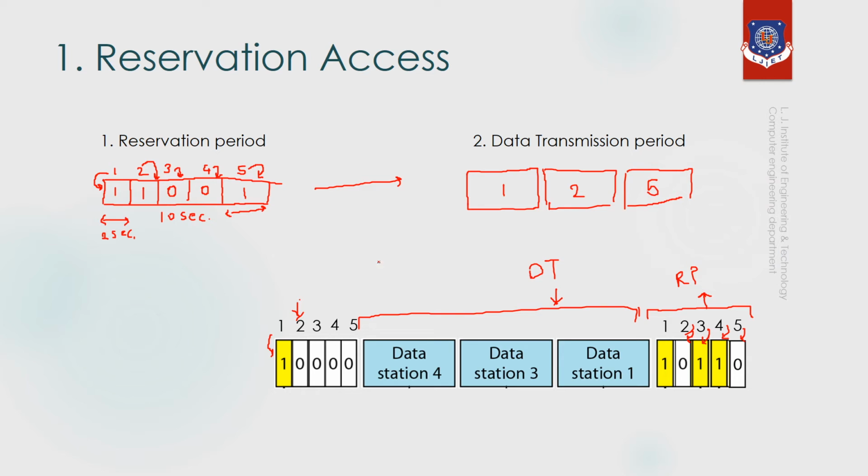So after this reservation period is completed, the next period is data transmission period, and you know that in this data transmission period there will be only one data which is being sent by station 1, and after all the stations that have made the reservation have sent data, then again the next period is reservation period.